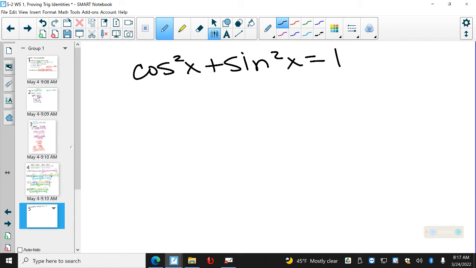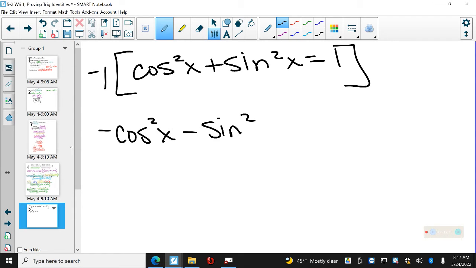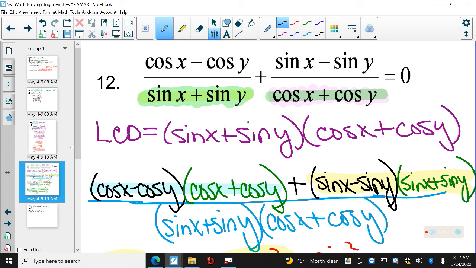What if I were to multiply this entire thing by -1? Then that would be negative cosine squared of x minus the sine squared of x is equal to -1. Do you see that? So when you see that the cosine and the sine are both squared and they are both negative, what is the outcome that that's going to equal? -1.